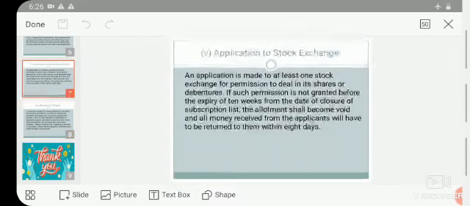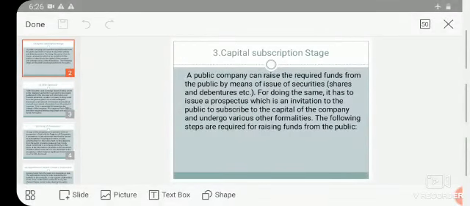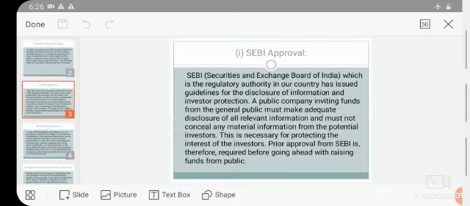So here is one more time how the company raises its required amount of share capital. In the third stage, the capital raising stage or capital subscription stage, the company collects its required amount of share capital. The first one, the company has to get SEBI approval for subscribing its shares and debentures.